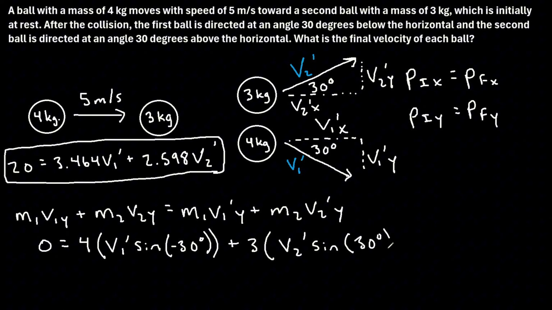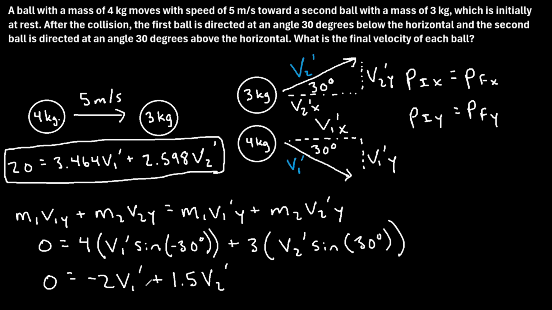If we simplify a little bit, we get 0 is equal to the sine of negative 30 degrees, which turns out to be negative 1/2. So negative 1/2 times 4 is negative 2, times the final velocity of the first ball. Plus, for the second expression, the sine of 30 degrees is positive 1/2. So positive 1/2 times 3 is 1.5, multiplied by the final velocity of the second ball.